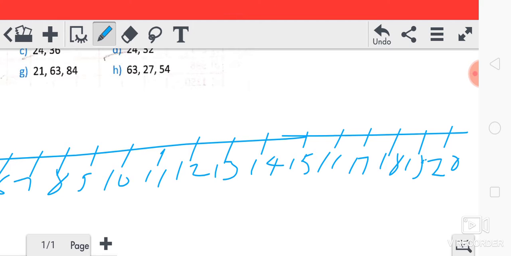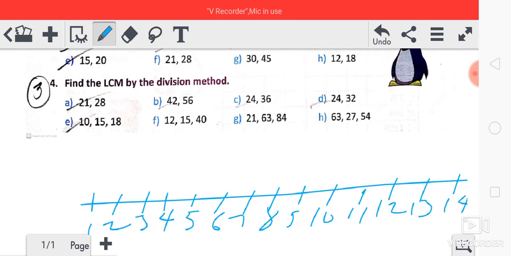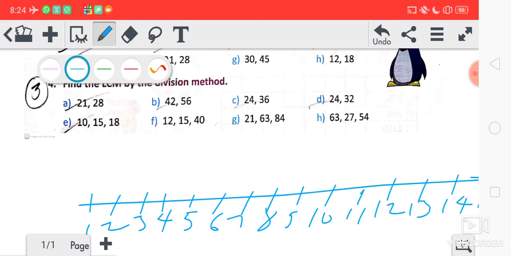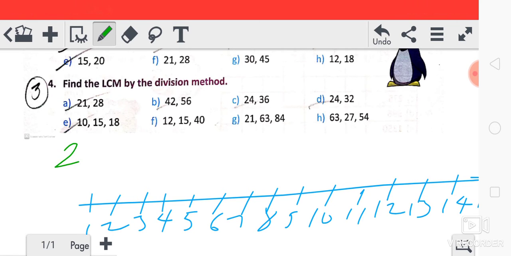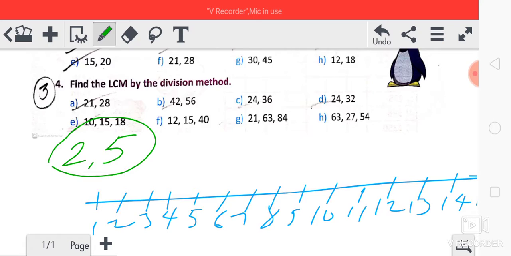Okay, then we have to find the LCM of which numbers? 2 and 5. LCM of 2 and 5. Okay, so first of all we'll see the table of 2. So we'll start from 2.